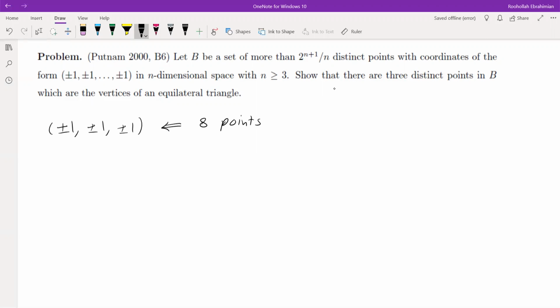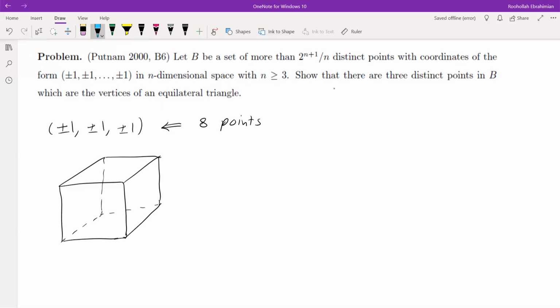which, as you know, these 8 points are going to give us a cube. You'll have 1 cube, and you are trying to come up with equilateral triangles.